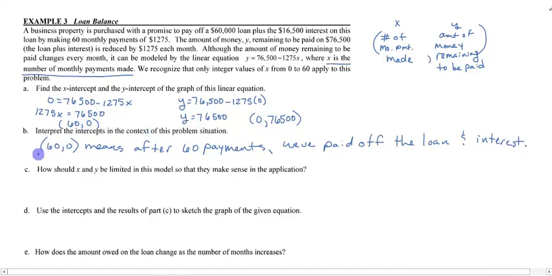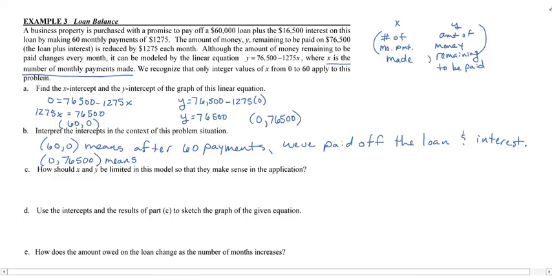All right, and then we're talking about the y-intercept. We have (0, 76,500). So again, go back over to your key. When 0 payments have been made, then you still have $76,500 remaining to be paid. So you can rearrange that sentence a little bit so that it sounds a little bit more human and not so robotic.